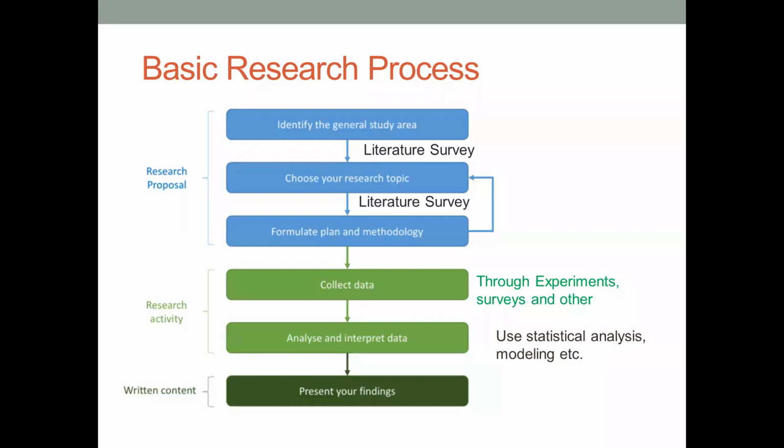You choose your research topic, do a literature survey, and narrow down what you want to do. If you want to make a rocket, you will not be able to do it in 10 or 20 years.